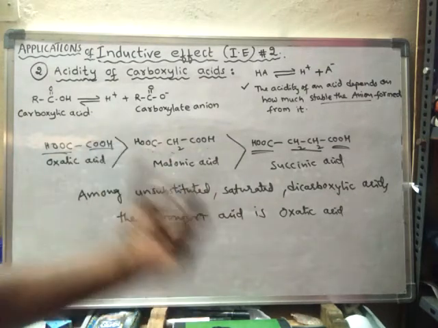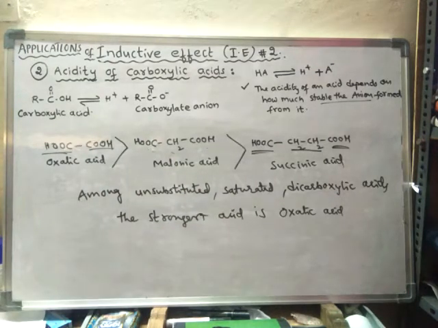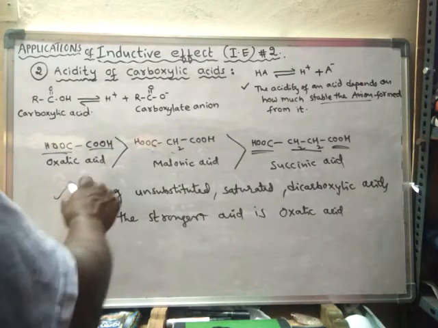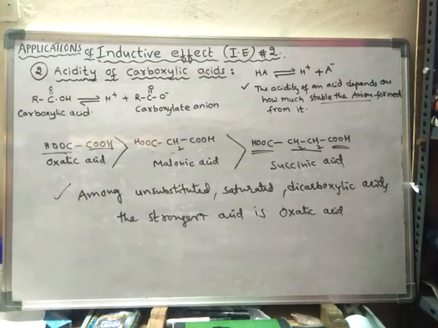That is why oxalic acid is stronger than malonic acid, and malonic acid is stronger than succinic acid.